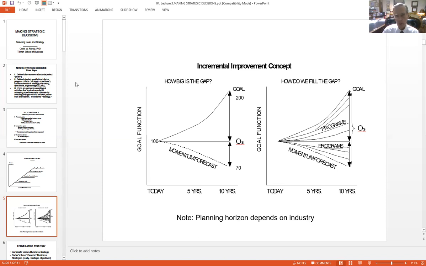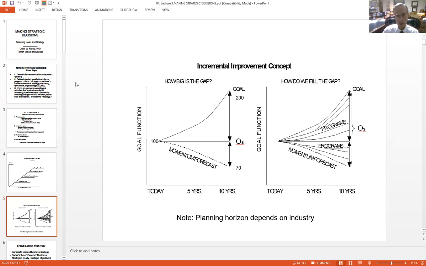What happens if we can't come up with enough projects and programs to fill that gap? Now we've got a real problem. That's what I called the second gap. And sometimes that meant that we had to think in terms of mergers, acquisitions, alliances, and so forth. And sometimes even recognizing that the future of the enterprise is limited and we really need to find either a buyer or a merger partner.